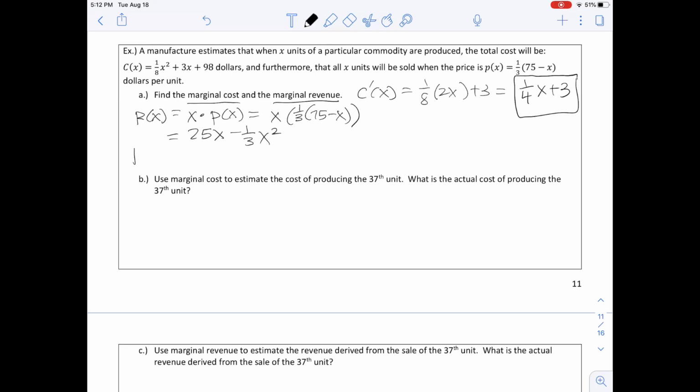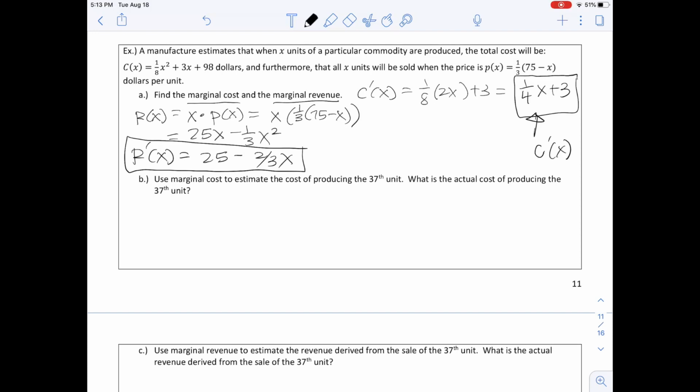And we need the marginal revenue. So in order to find that, I need to take a derivative of this. And we get 25 minus 2/3 X to the first power. And so we have our marginal revenue. And up here we have our marginal cost.